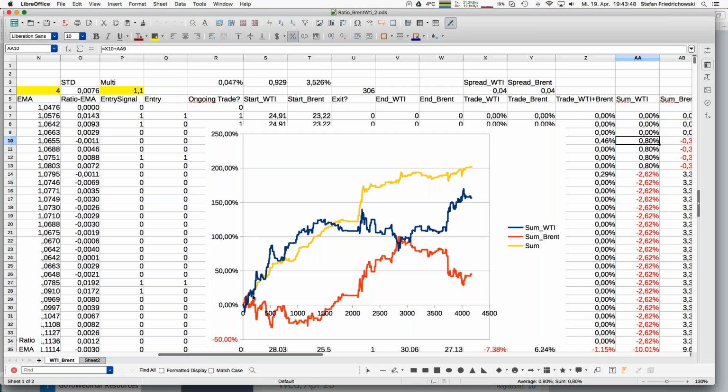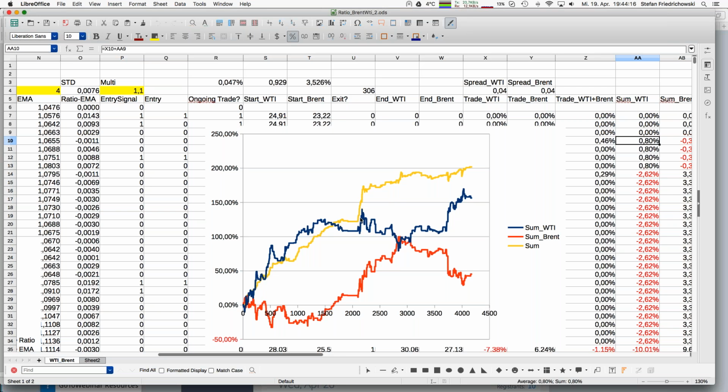And you see that the overall 16 years equity of all trades on WTI is in blue and all trades of Brent in red. What really counts here is the sum of both, because as I mentioned, we trade everything simultaneously, and that is the yellow line.